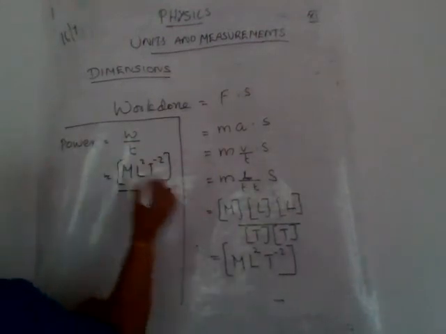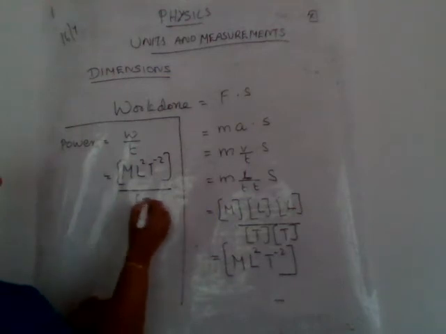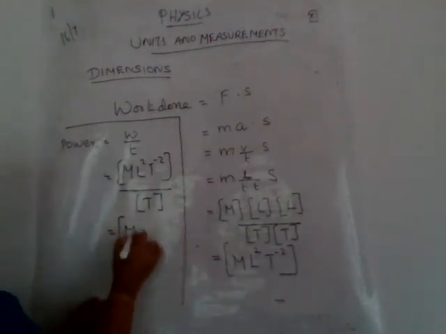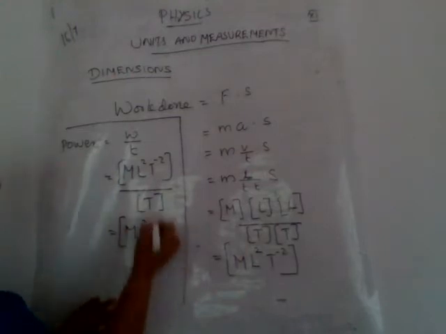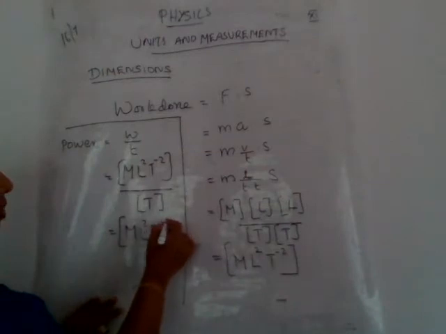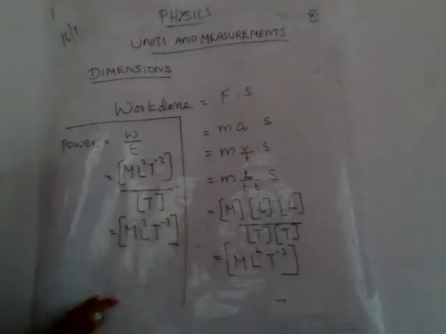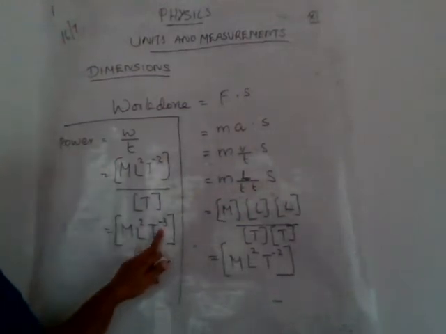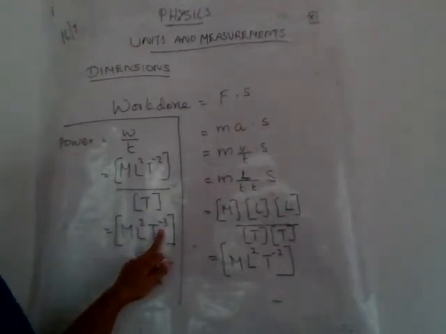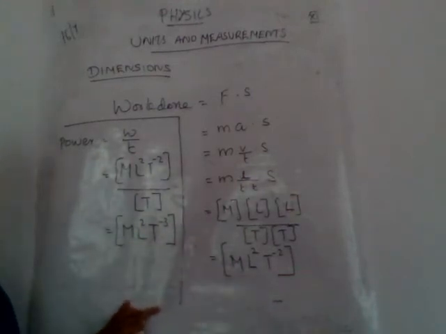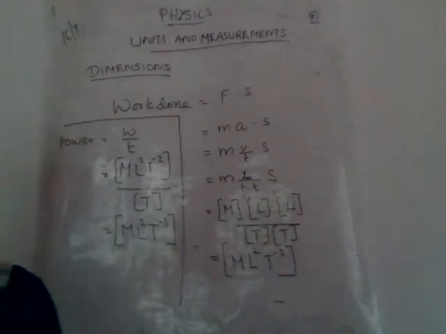Again one more time is coming, that is T. So M L square T comes here minus 1. So minus 2 plus minus 1 is minus 3. So what is the difference? Here T raised to minus 2, here it is T raised to minus 3. The power has changed. Everything is in mass, length and time. So this is the dimension of power.